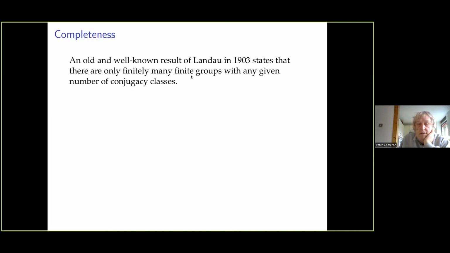If you want a group with just 3 conjugacy classes or 190 conjugacy classes or any number you prescribe, there will be only finitely many groups that will have that many conjugacy classes. And the proof is probably well known. It's, for example, an appendix in Burnside's group theory book from 1911.